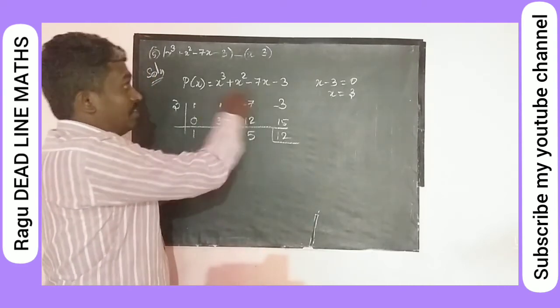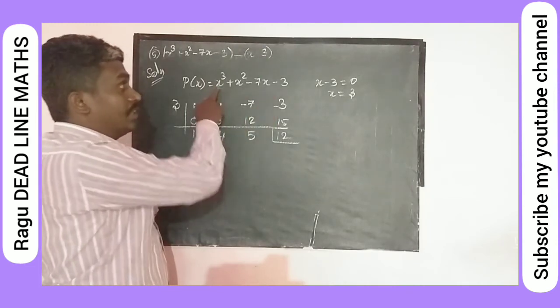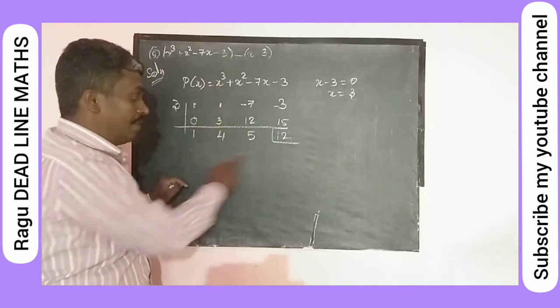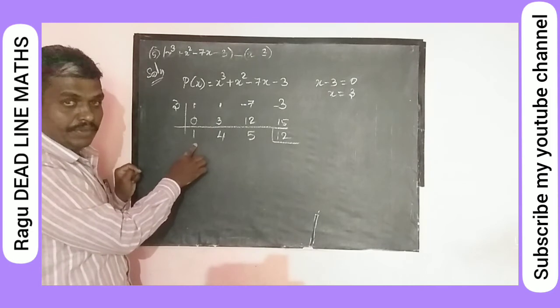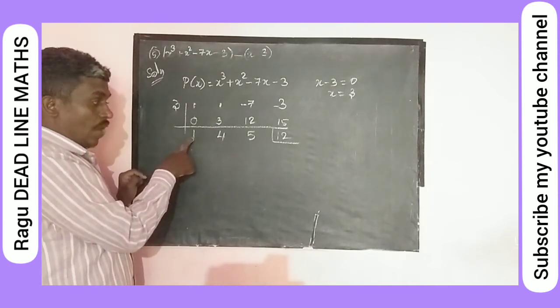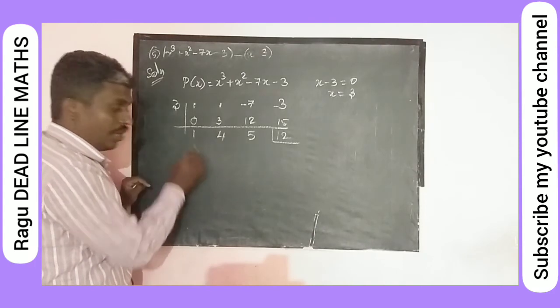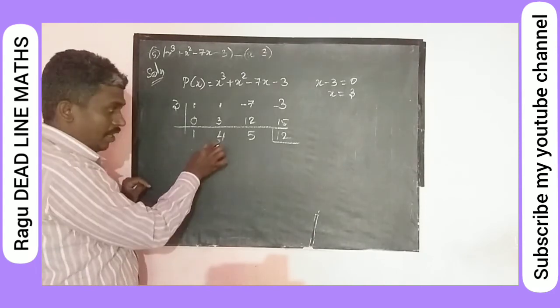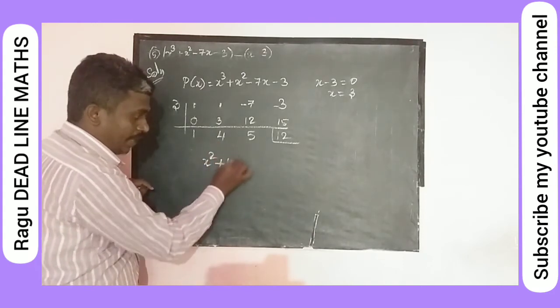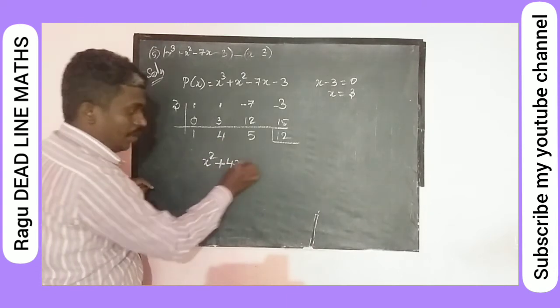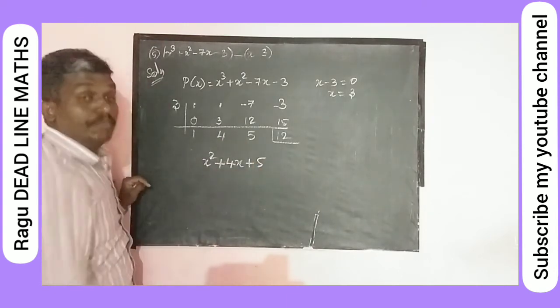The given polynomial started with x power 3, so the quotient will start with x square. The coefficient of x square is 1. So x square plus 4x plus 5.